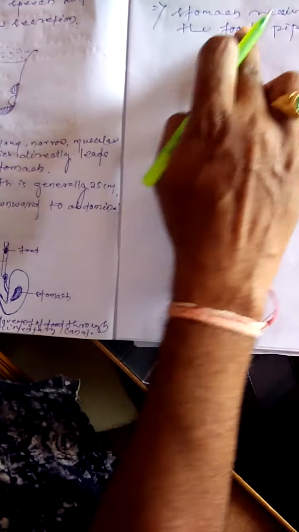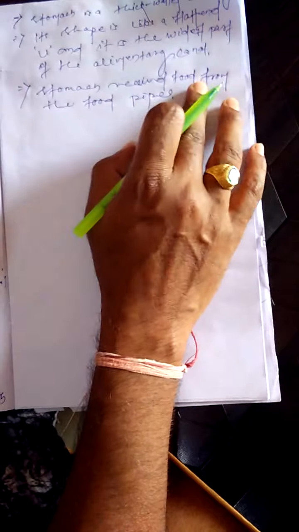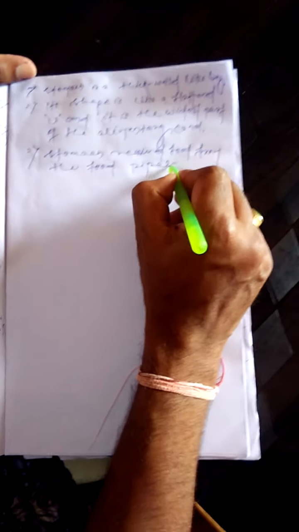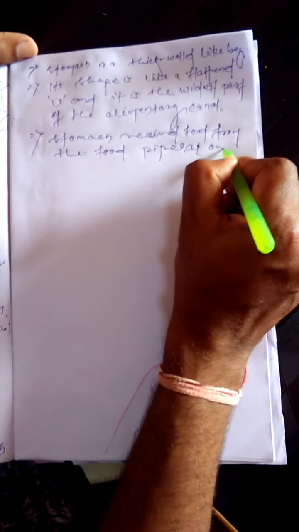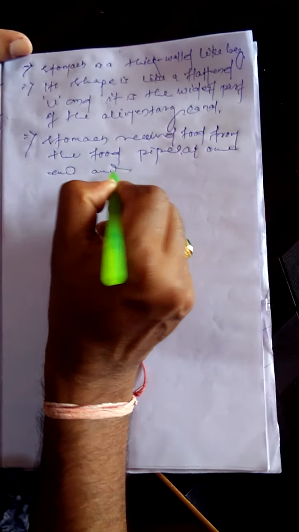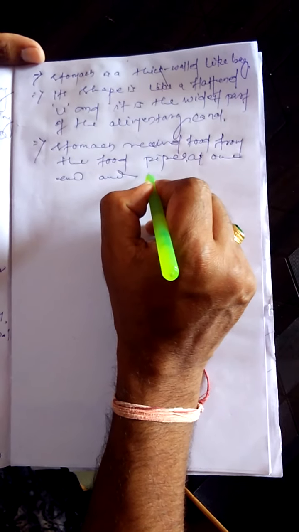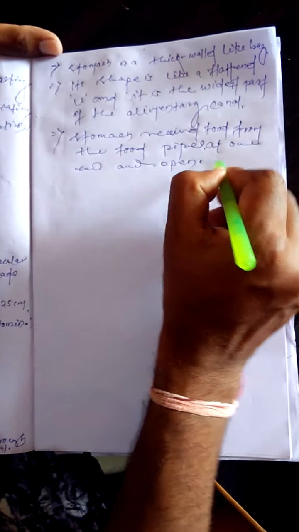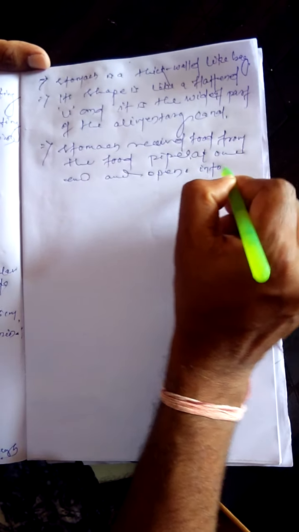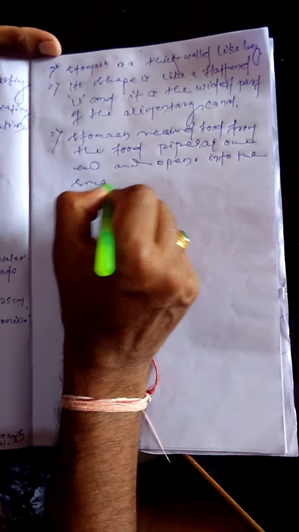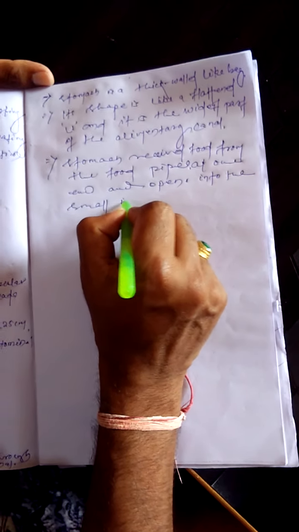So the stomach receives food from the food pipe, we can say, at one end and opens into the small intestine.